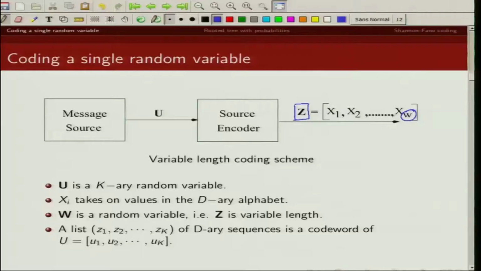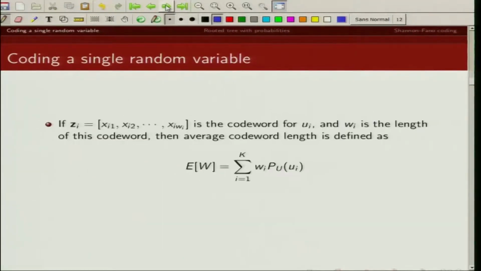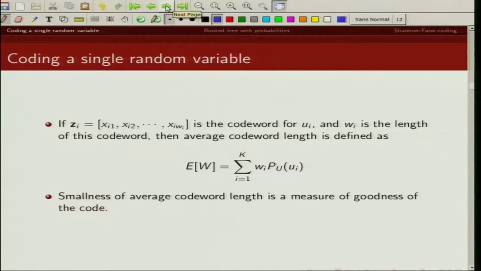So we have a list of code words corresponding to u1, u2, u3, uk, and we are interested in the average code word length being as small as possible. So what is the smallest value of the expected value of w that we can have? That is a measure of goodness of our source compression algorithm.